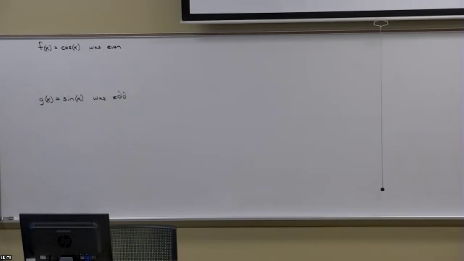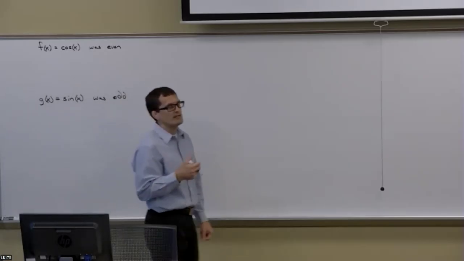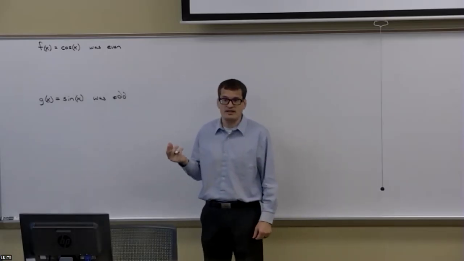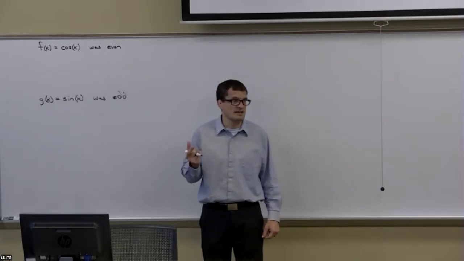So we had cosine was even, sine was odd. And we saw that with the graph. I wanted to mention that because that's also an identity. That's an even odd identity.